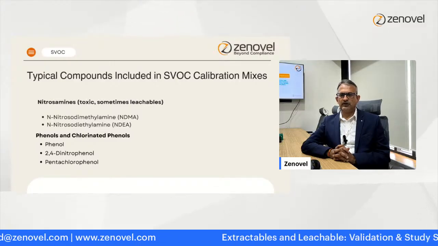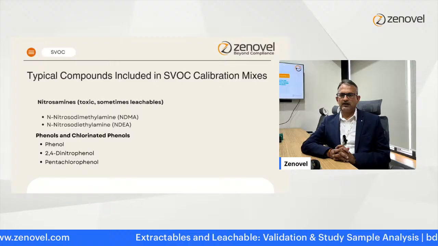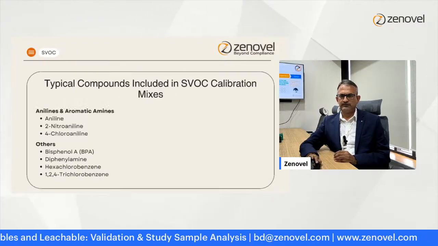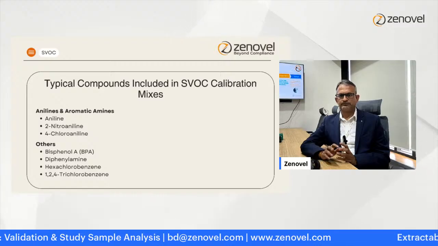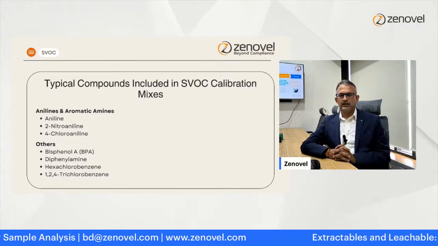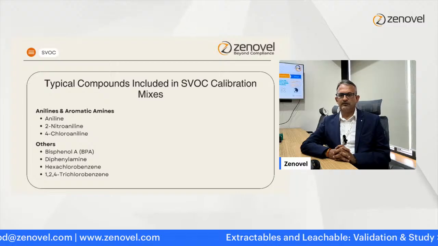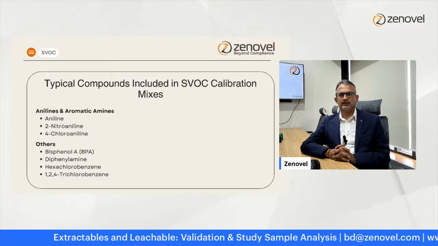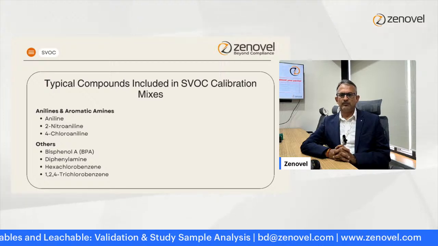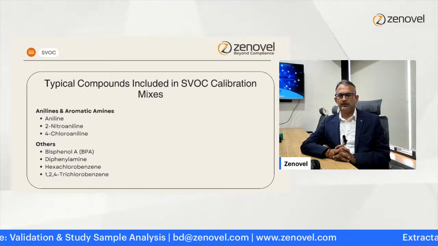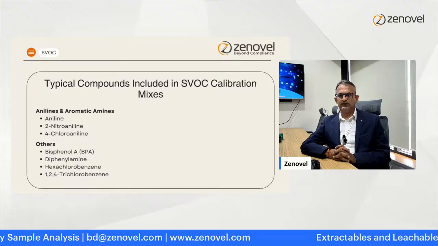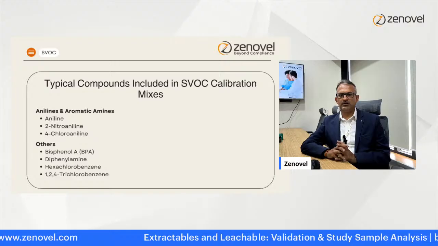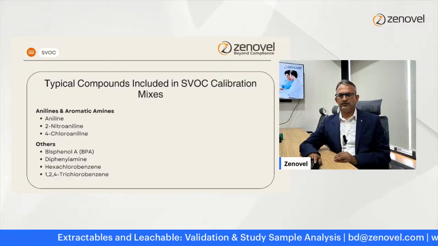Phenols and chlorinated phenols, such as phenol, 2,4-dinitrophenol, and pentachlorophenol. Anilines and aromatic amines, for example aniline, 2-nitroaniline, 4-chloroaniline, and others like bisphenol and diphenylamine. Hexachlorobenzene and 1,2,4-trichlorobenzene are examples of SVOC calibration compounds.